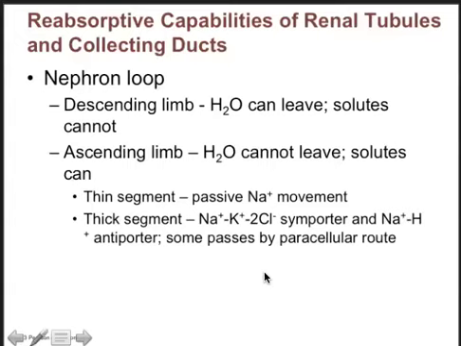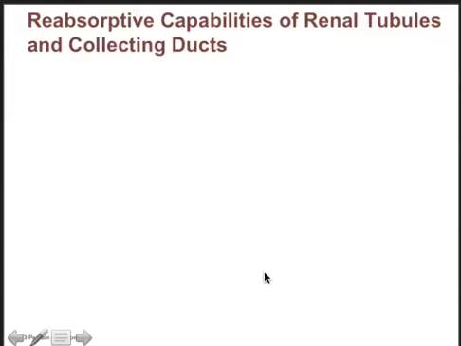The bottom line is in the ascending limb, we pump sodium into the kidney. And as a result, the solute concentration of the tubule fluid begins to drop as the filtrate climbs back up towards the distal convoluted tubule.